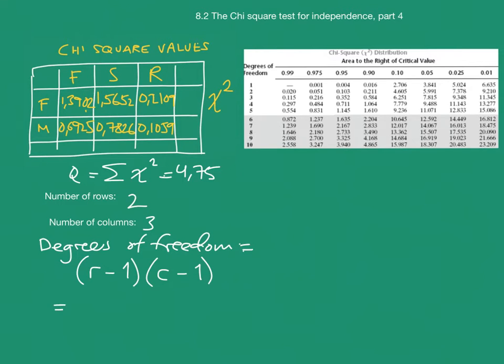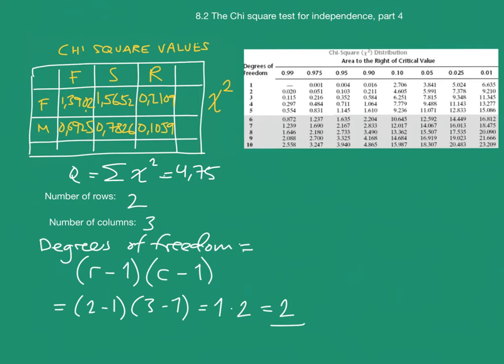So in this case, that's 2 minus 1 multiplied by 3 minus 1, which is 1 times 2. So this table has 2 degrees of freedom.